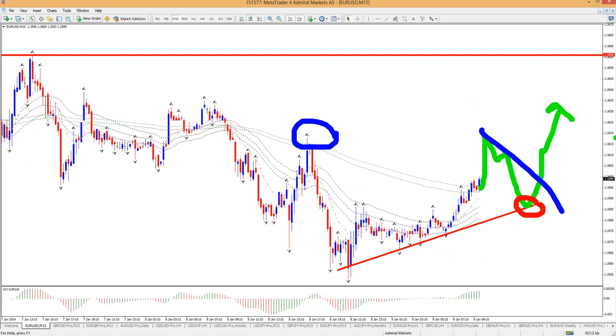A substantially different dynamic is then happening because then we're already posting higher highs and higher lows on smaller time frames like the hour. And we have more confirmation of that upside. So I don't think there's any rush.